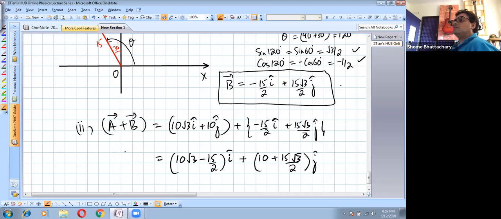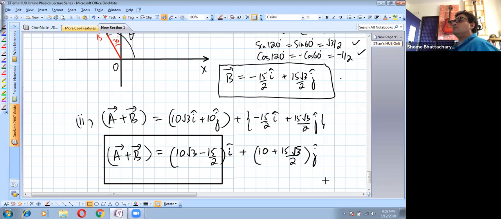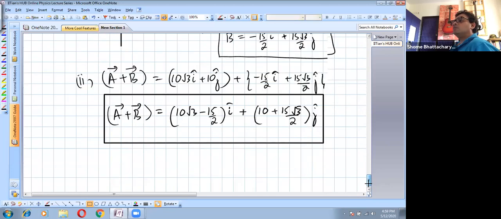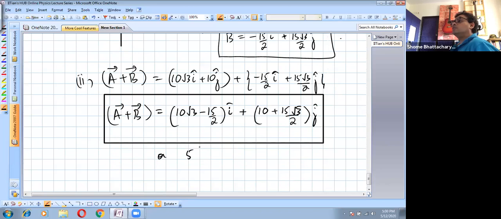Typically, we don't need to do anything else. You don't need to substitute root 3 as 1.73 and do a decimal calculation. You can just leave the vector this way. If you want, we can do a little bit more simplification and take things common. So we can also write this by taking 5 common: you have 2 root 3 minus 3 by 2 here, and from here you have 2 plus 3 root 3 by 2.